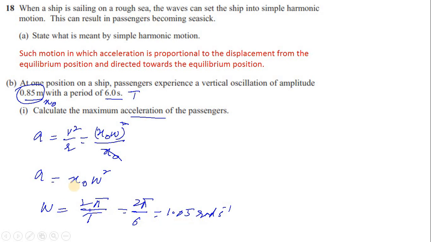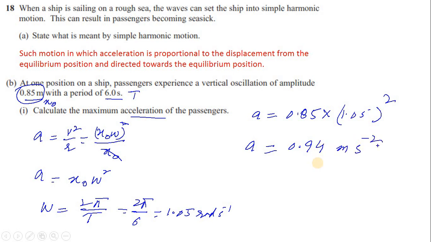Then substitute this value: acceleration is equal to x naught, the amplitude 0.85, times omega squared, 1.05 squared. So a is equal to 0.937, or 0.94 meter per second squared. This is the acceleration.